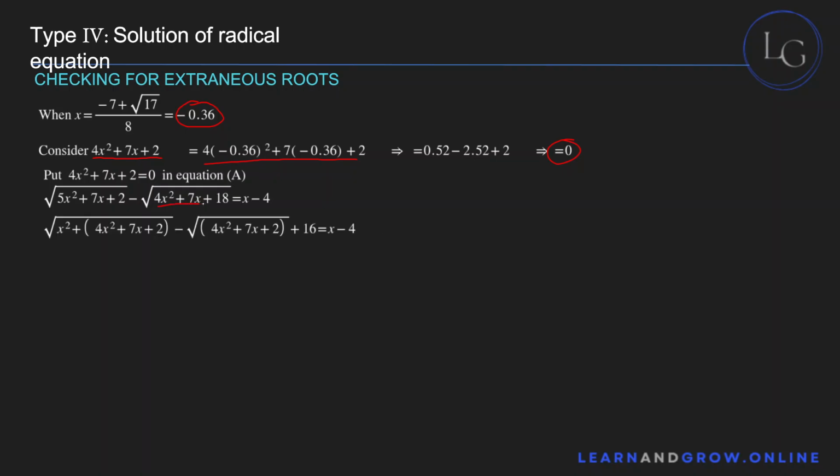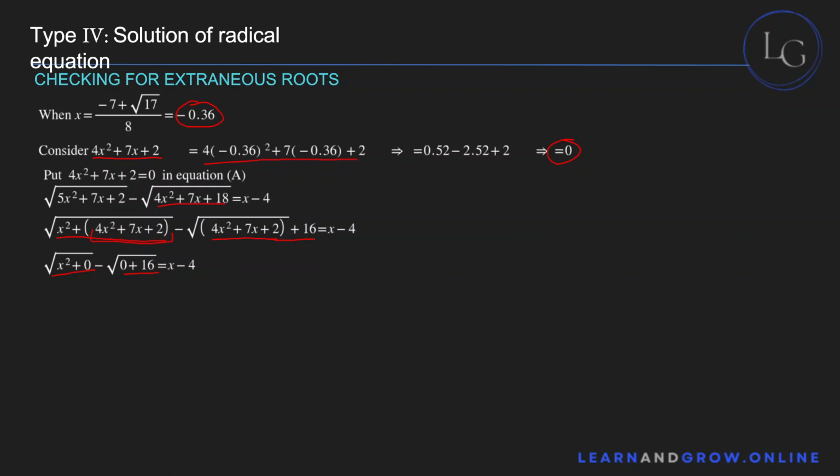And now, wherever you find this term in the original equation, you'll put 0 in its place. So this will now become 0. And this particular part becomes 0 as well. So this is now x squared plus 0 over here. And this can be written down as 0 plus 16, because over here you replace the quadratic expression with this term.